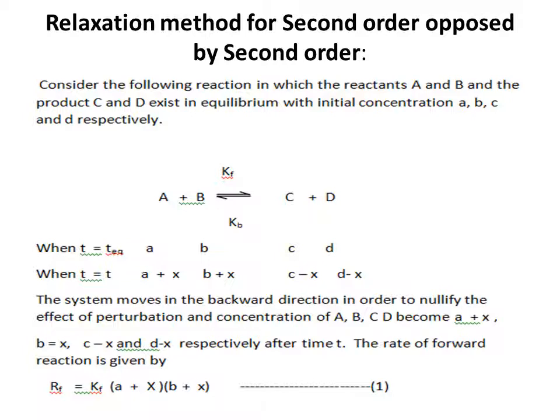When the T is equal to T, then the reaction will move in backward direction.